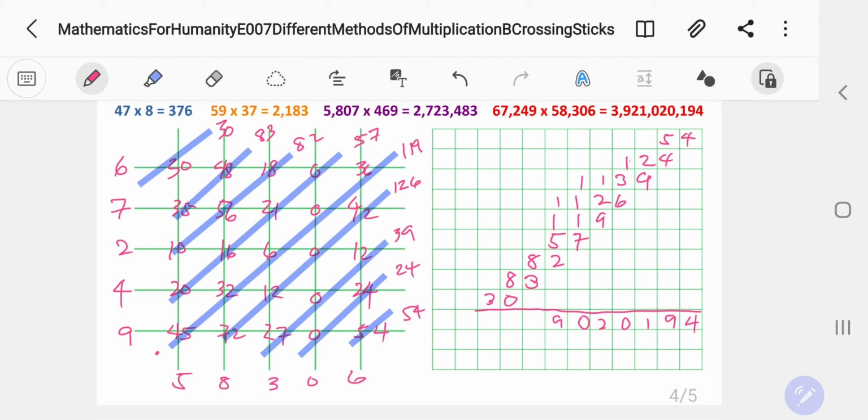Here, let's look at this diagonal here. 45 plus 32 would be 77, plus 6 would be 83, plus 0 would be 83, plus 36 would be 89, plus 30 would be 119.